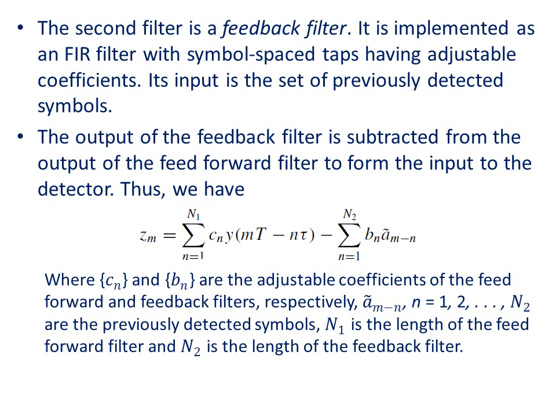Thus, we have Zm equal to summation n equal to 1 to N1 of Cn into y of mT minus n tau, minus summation n equal to 1 to N2 of bn into a cap of m minus n, as shown in the equation, where Cn and bn are the adjustable coefficients of the feed forward and the feedback filter shown in the figure respectively, and a cap of m minus n, where n is equal to 1, 2, 3 till N2, are the previously detected symbols.